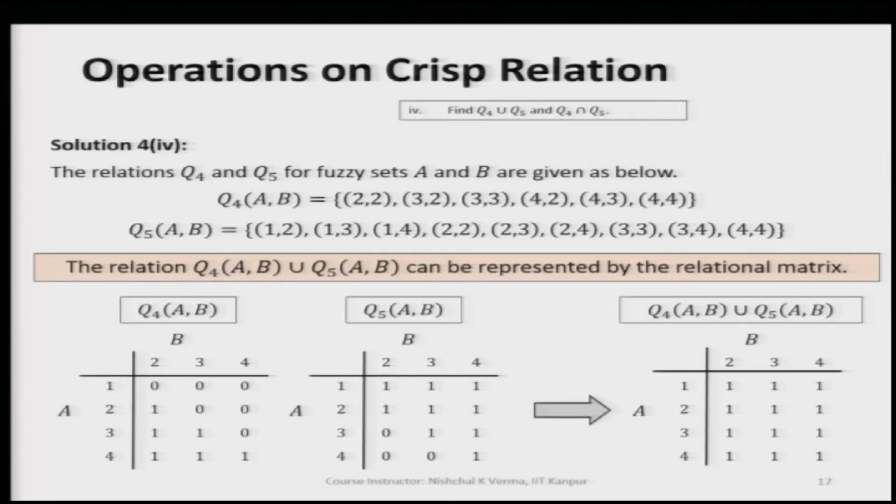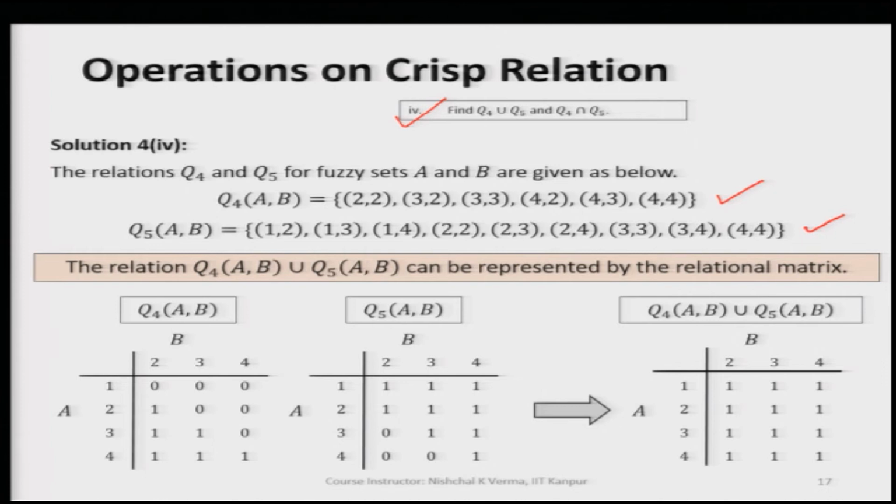Now, as the fourth case here, we are interested in finding the union of Q4 and Q5, and then the intersection of Q4 and Q5. So, we have Q4 here, the crisp relation set, and then we have Q5 as another crisp relation set. So, we have two crisp relation sets.